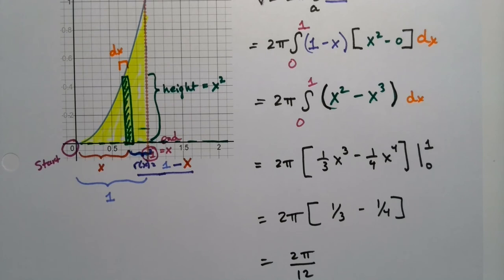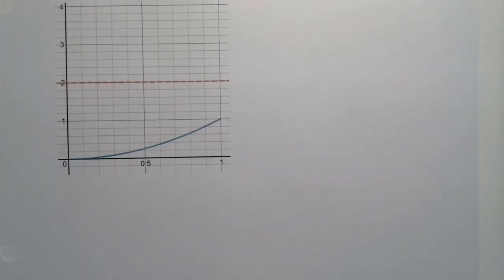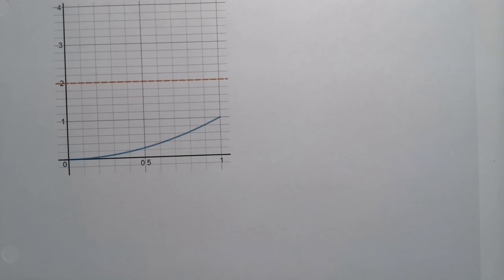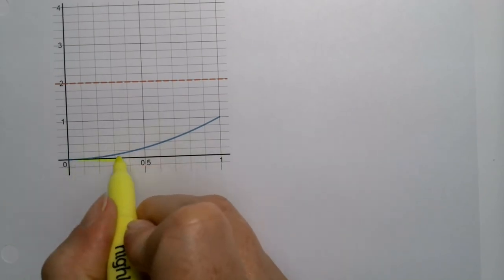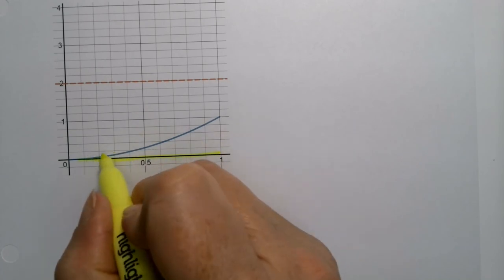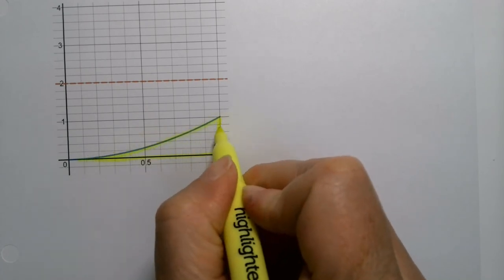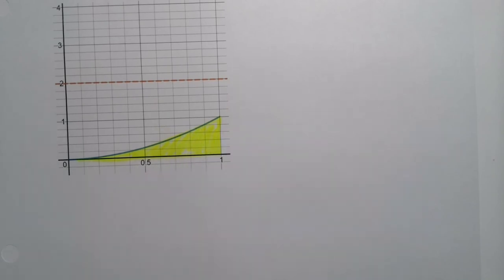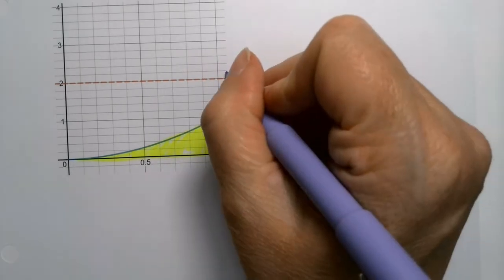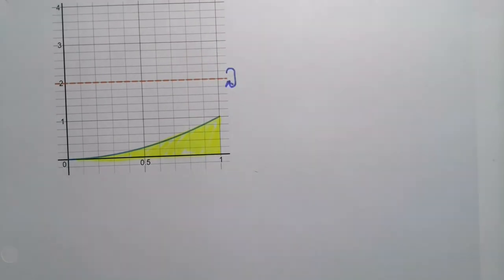All right, but now let's revolve around a different line. Let's take that same region and we're going to revolve it around y equals 2. It's the same region. It's still between y equals 0, x equals 1, and then y equals x squared. But this time, I'm going to rotate it around this axis of rotation.